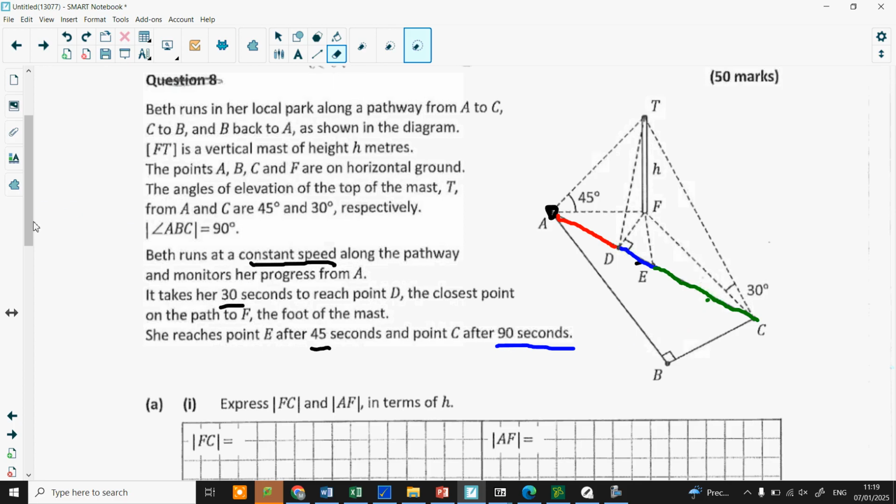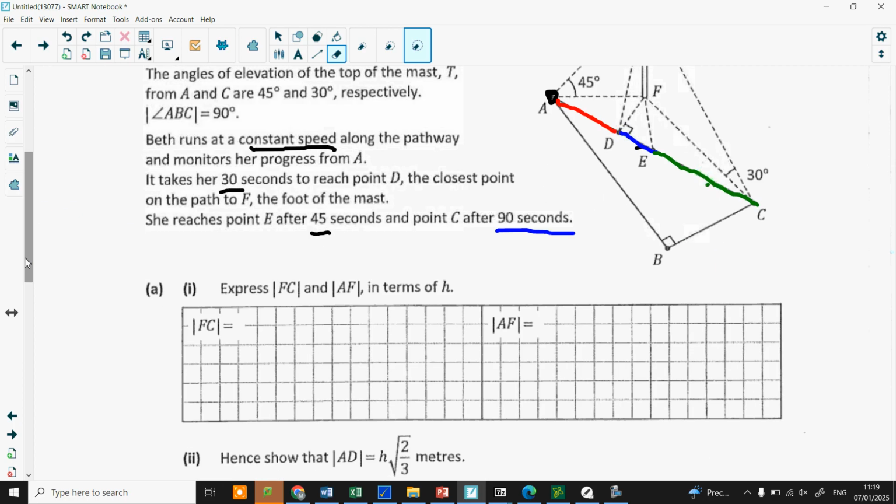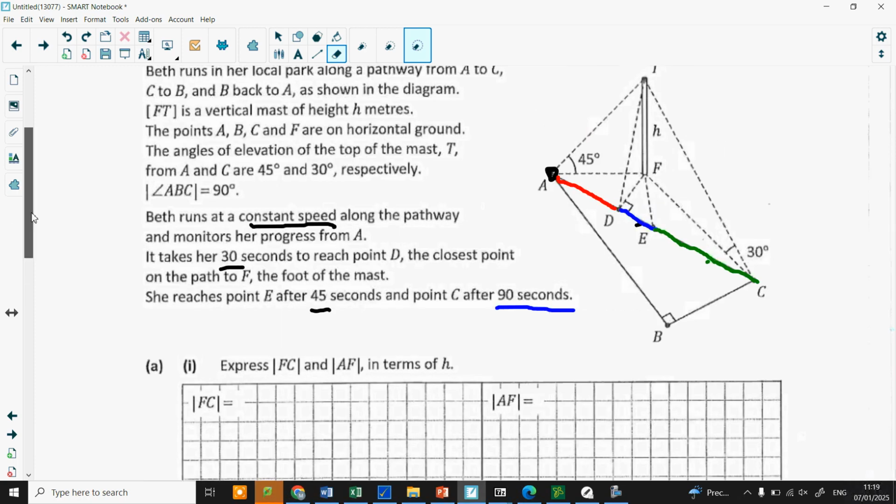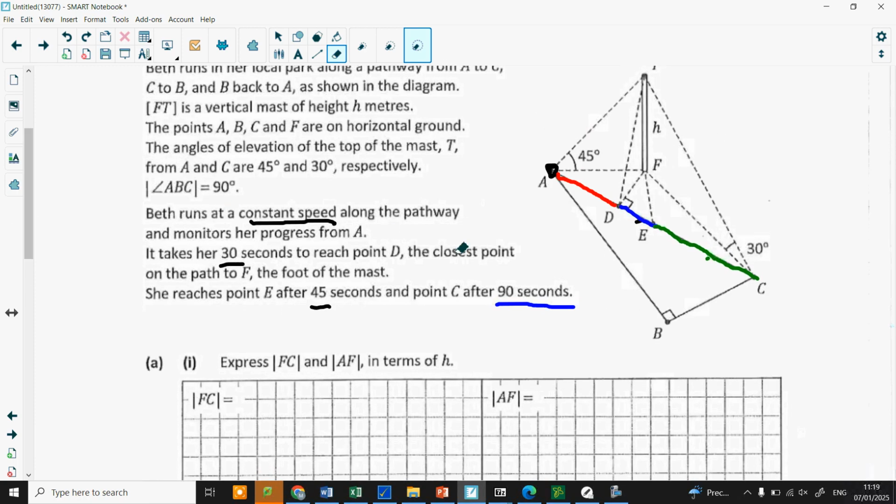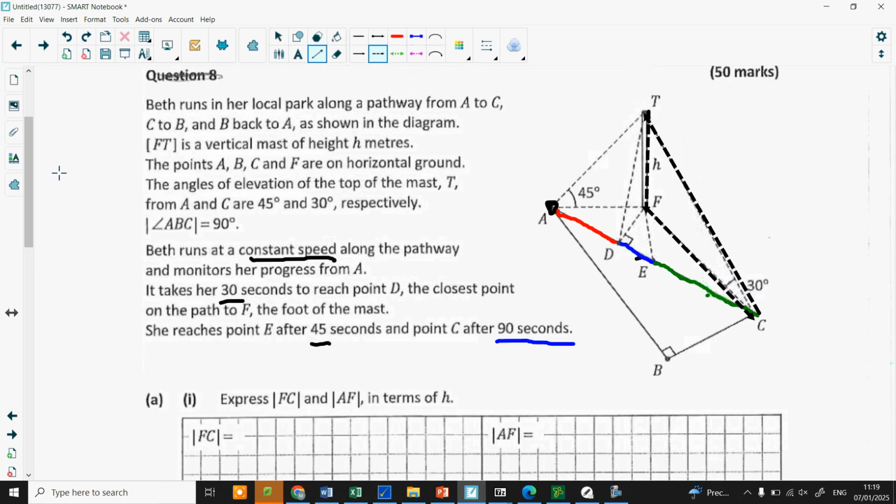Okay. Let's express FC and AF in terms of H. Okay, so which one's FC? Let's have a look. F to C. Okay, I think I'm going to use this triangle here. Everybody see that one? What's it called? TFC. So I'm going to use the triangle TFC. I like to draw it out on the side.